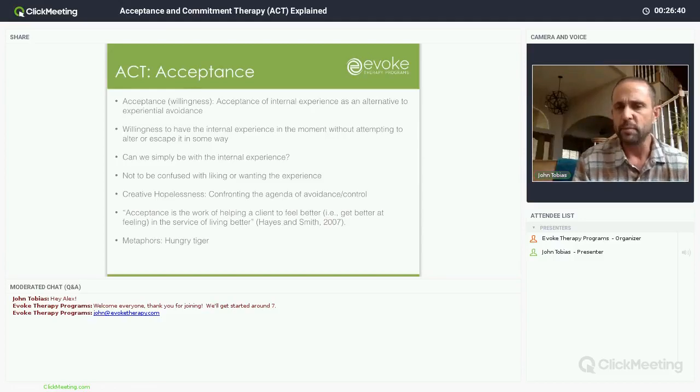It's not that. But it's more hopelessness in relationship to their avoidance or control agenda. So what we try to get clients to experience is, maybe my ways of dealing with my bad thoughts, my difficult thoughts and feelings, maybe it's not going to work for me, at least in the long run.